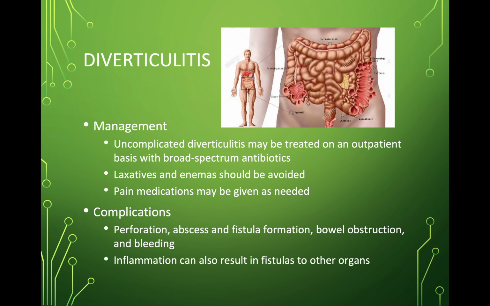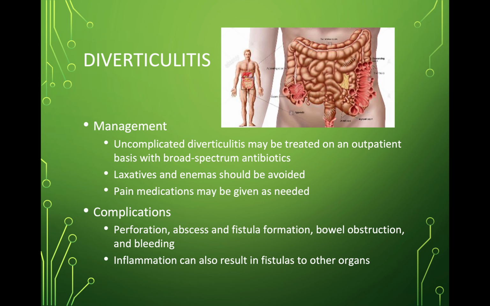There might be a lot of guarding. The patient's really trying to protect the abdomen because of the tenderness. And they may have what's called rebound tenderness. Basically, when you push down on an area, it's not tender, but when you let go on the rebound, it causes discomfort.